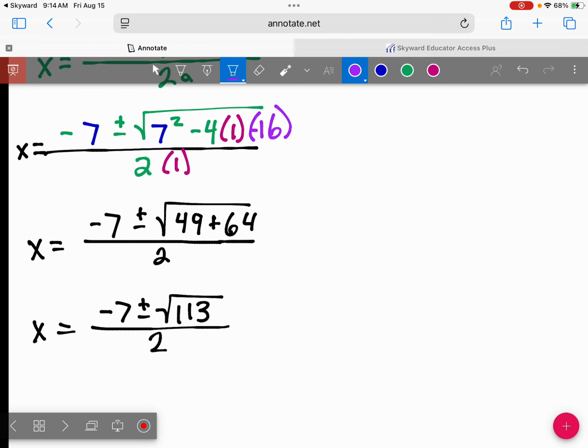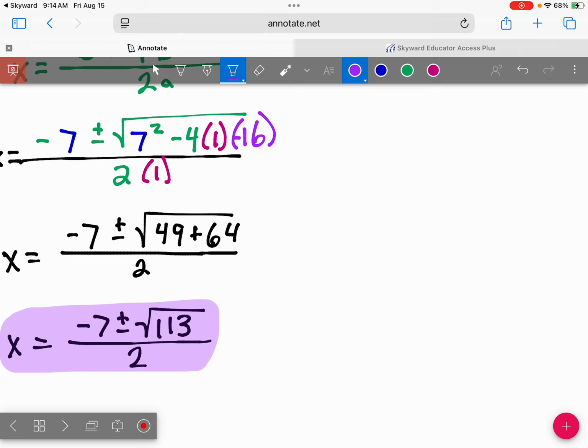If you want to split it apart, you can into negative 7 plus square root of 113, negative 7 minus square root of 113, but we can also leave it as plus or minus. Totally valid. More often than not, we will have things that are factorable, but occasionally we'll see some icky things. Questions on this one?